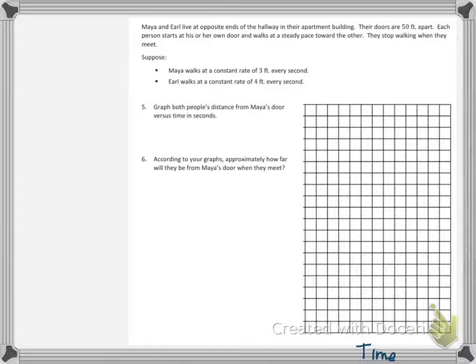And if we're walking at 4 feet every second, then 50 feet would come up at around a little over 12, so 12 seconds. So it's going to be less than that. So I think we can count by ones down here for time. 5, 6, 7, 8, 9, 10, 11, 12 seconds. I'm sure we're going to meet before then. Okay?